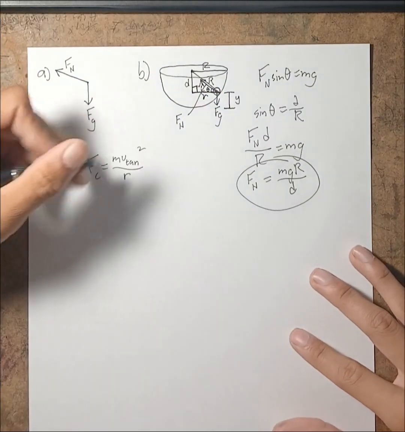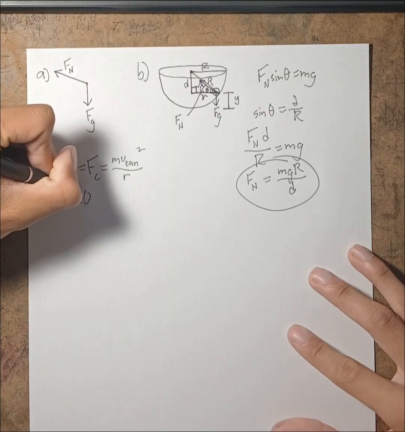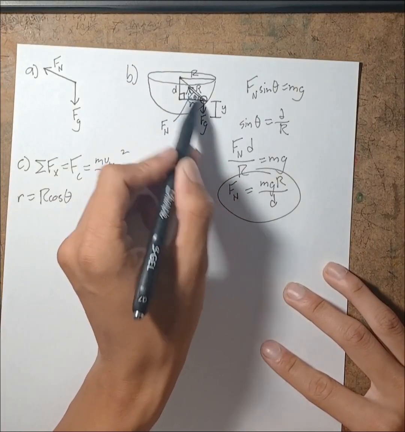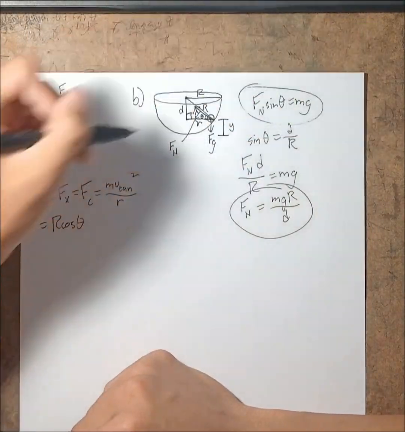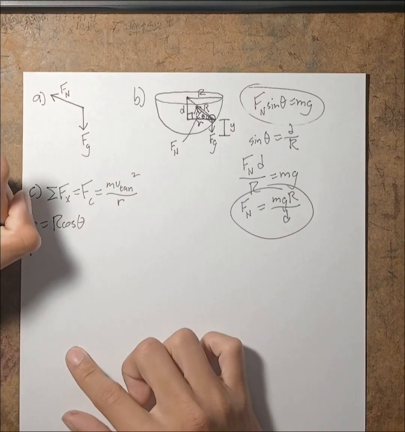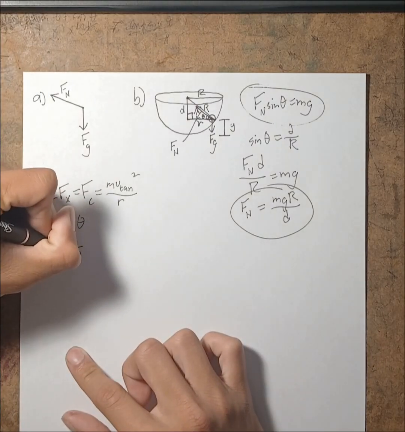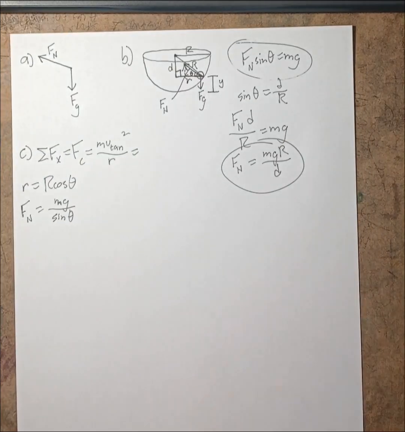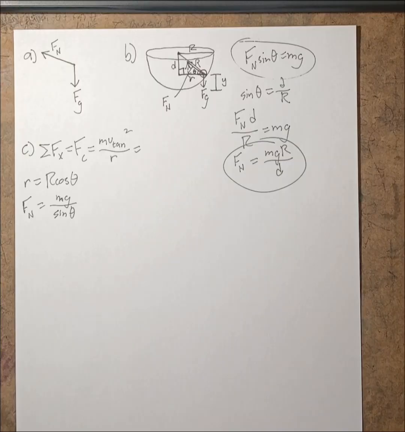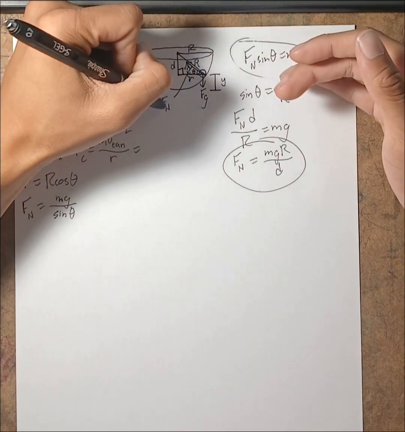And so we can make a true statement. Little r equals big R cosine theta, because it's adjacent to the angle of this triangle here. And we know from part B that F_N sine theta equals mg, and so F_N equals mg over sine theta. We will use both of these. So centripetal force is defined as the net force pointing to the center of your circular motion, and literally the only horizontal force in this system is the horizontal component of F_N here.